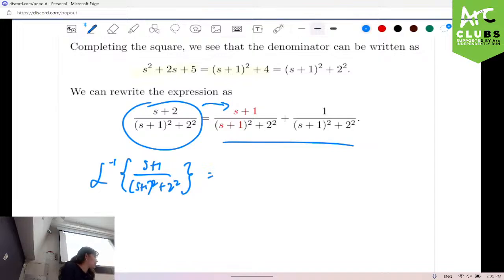So what would this become? cos 2t, because this part is the omega, so we would get e^(-t) cos 2t.